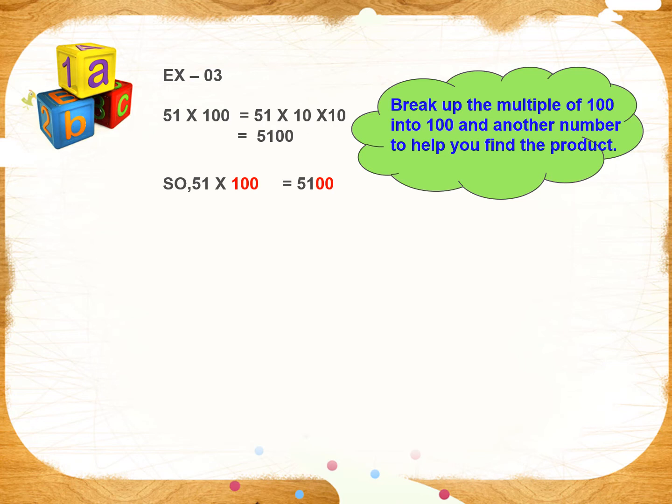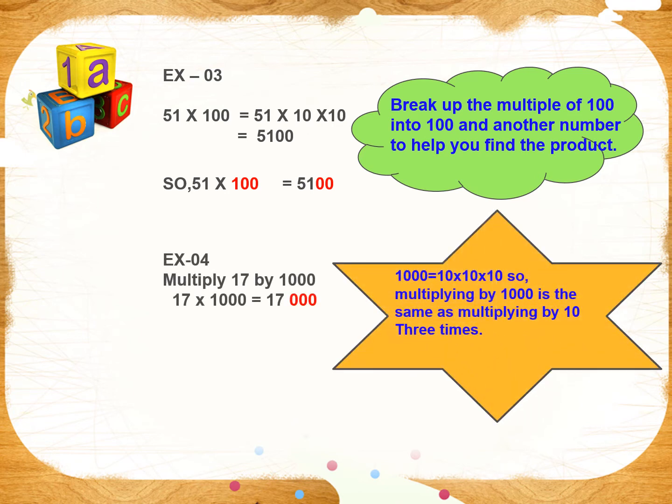When you multiply by 100, first break up the multiple of 100 into 100 and another number to help you find the product. So 51 multiplied by 10 multiplied by 10. So we get 5,100.